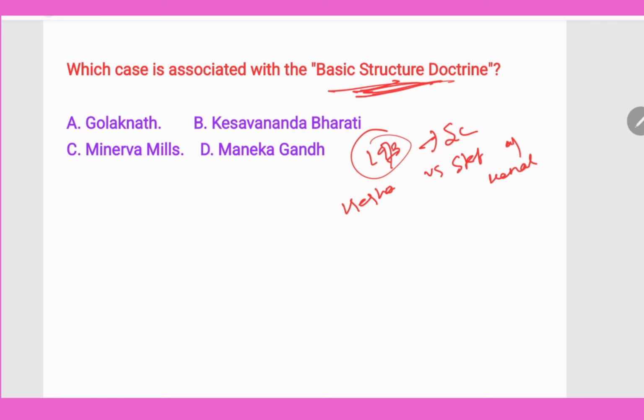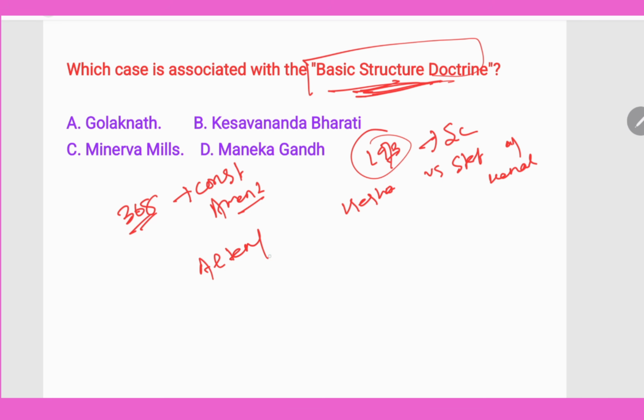That means the Parliament can amend any part of the Indian Constitution using Article 368, which is about constitutional amendment, but cannot alter or change the basic structure of the Indian Constitution. That is called the basic structure doctrine.